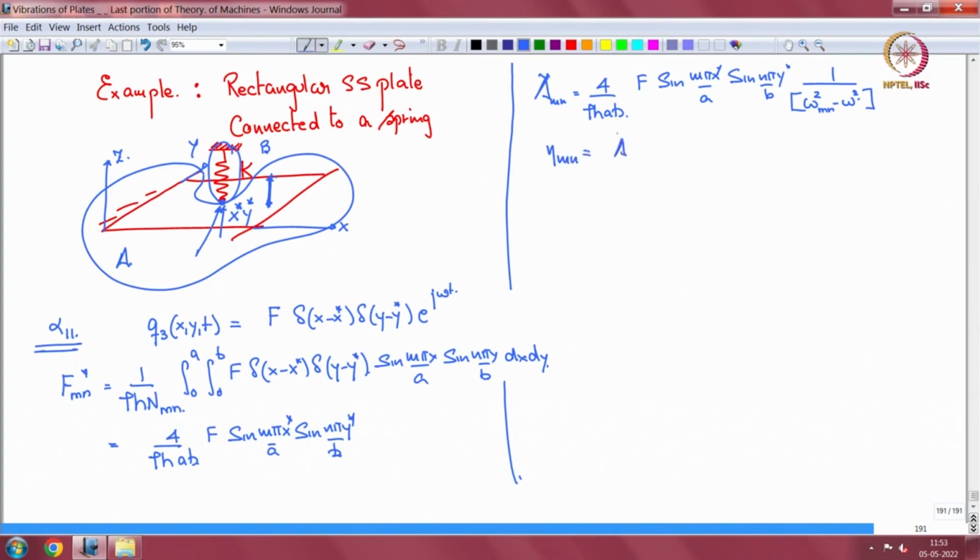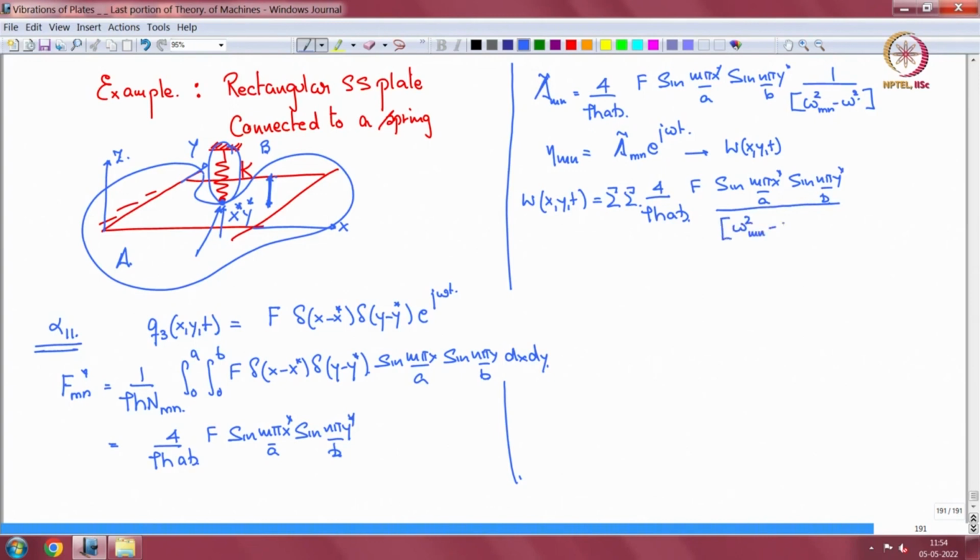Eta mn is gamma tilde mn e to the power of j omega t, and further you can get the response w x comma y comma t, which is equal to summation and summation of 4 by rho h a b F sin m pi x star by A sin n pi y star by B, divided by omega square mn minus omega square, and the mode shape sin m pi x by a sin n pi y by b e to the power of j omega t.